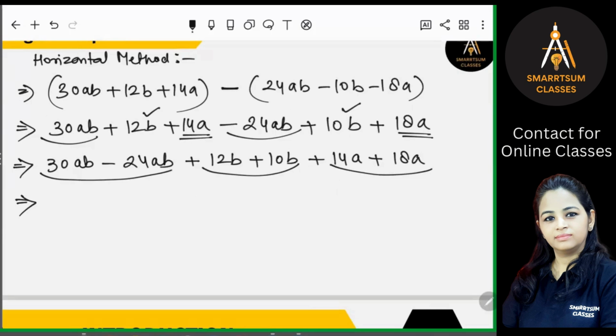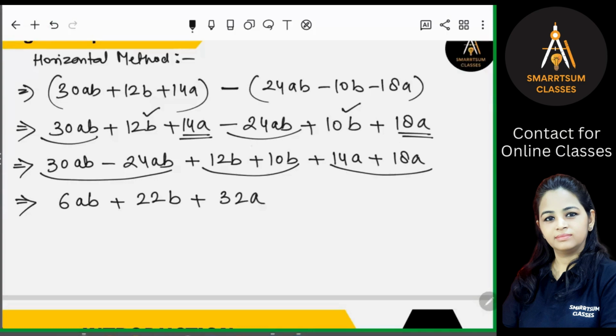Since we have collected the like terms, now what we have to do? We simply add and subtract their numerical values. So 30 and 24. 30 is positive, 24 is negative. So 30 minus 24 is 6. 6ab. Getting that? 12b plus 10b. 12 plus 10 is 22. 22b. Now 14a plus 18a means 14 plus 18 is what? 32. 32a.